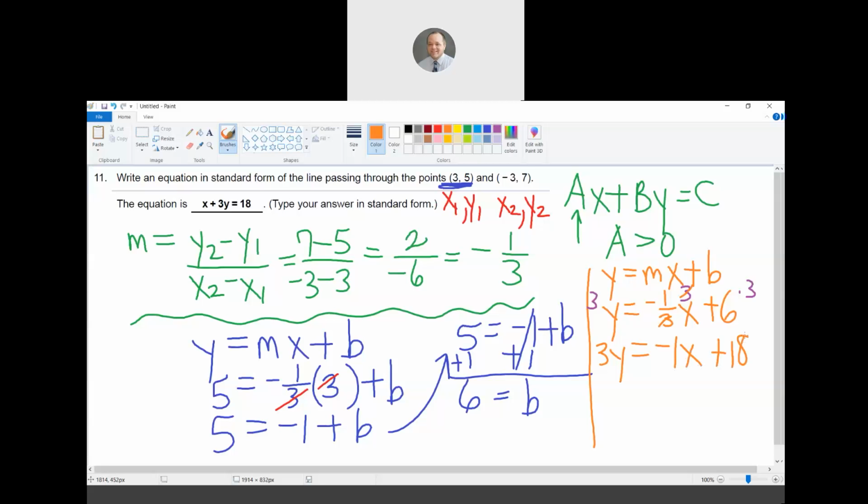The final step in order to get x and y on the same side is we need to add 1x to both sides. So our final answer in the appropriate standard form is x plus 3y equal to a positive 18.